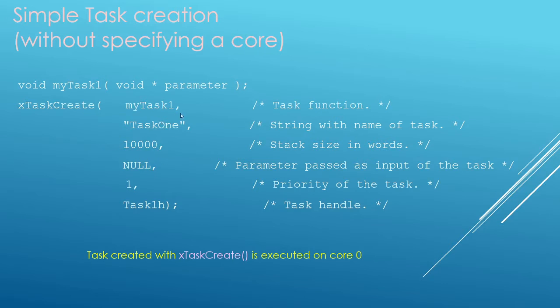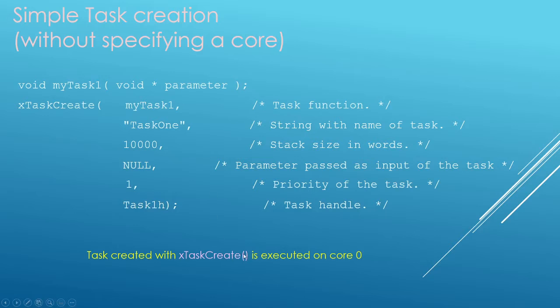I just specify the task function, and if I want to use the handle, I can put the task handle in here, or I can just set it as NULL in case I don't want to address it from another task.